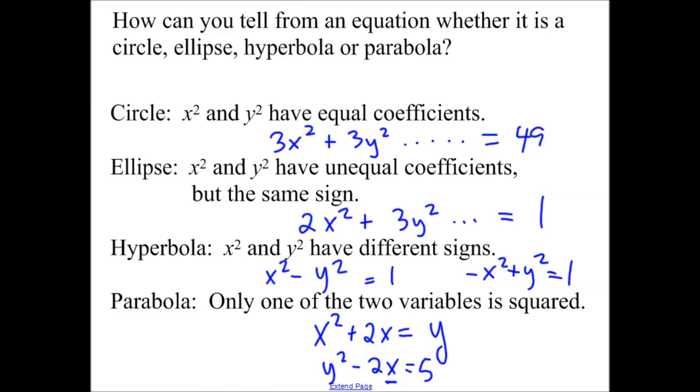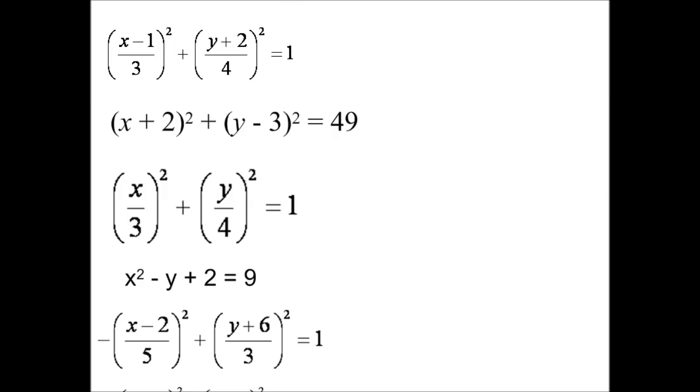All right, so let's just go through a few of these and figure out which one's what. So I see squareds, I see x and y. The coefficient in front of them, you're really looking at the number underneath because that's the same thing as writing 1/4 y. And so they are different, so this will be an ellipse. Okay.